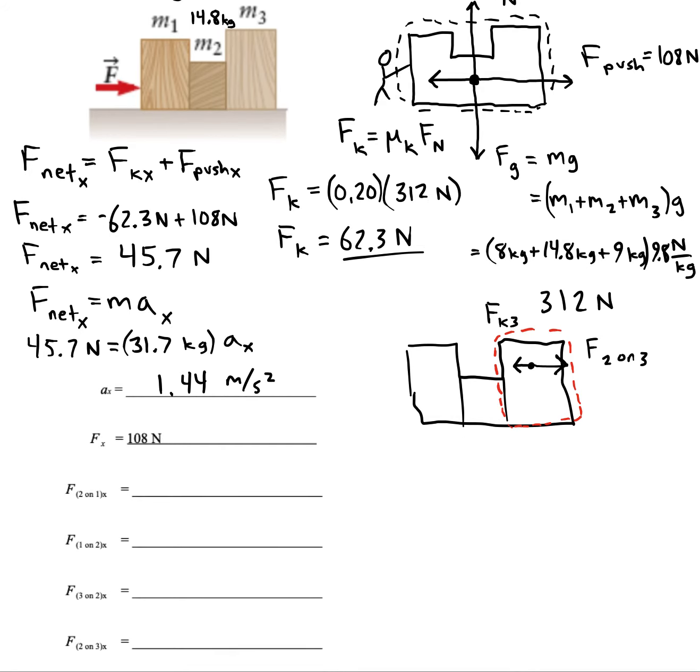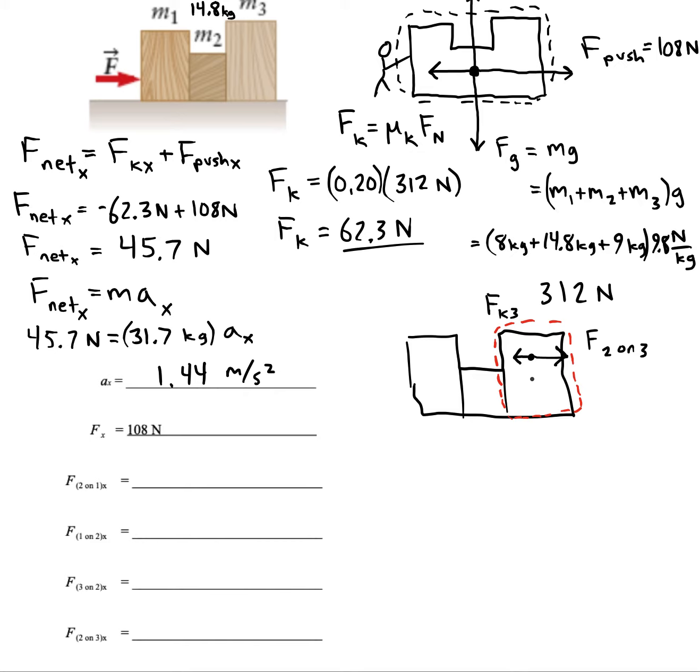Alright, now we could say FK3 equals mu k times Fn3, where Fn3 stands for the normal force acting on block 3.